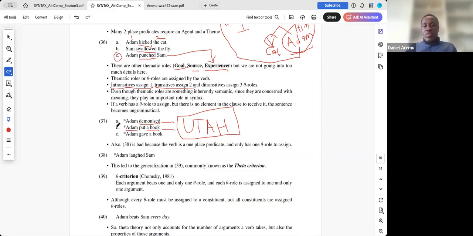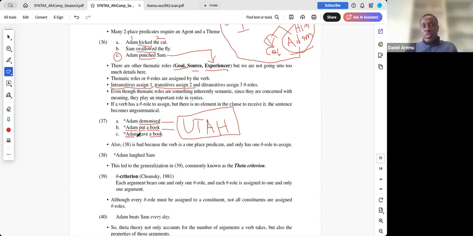And that is why 37b is ungrammatical, because one argument is lacking. If one argument is lacking, this verb cannot assign the theta role that is left to be assigned. And because that theta role cannot be assigned without an argument, the derivation crashes. In 37c, same thing. Adam gave a book.